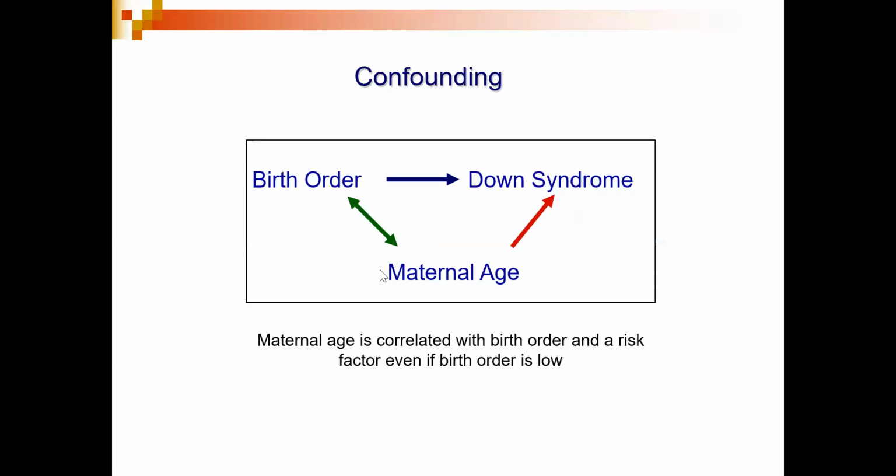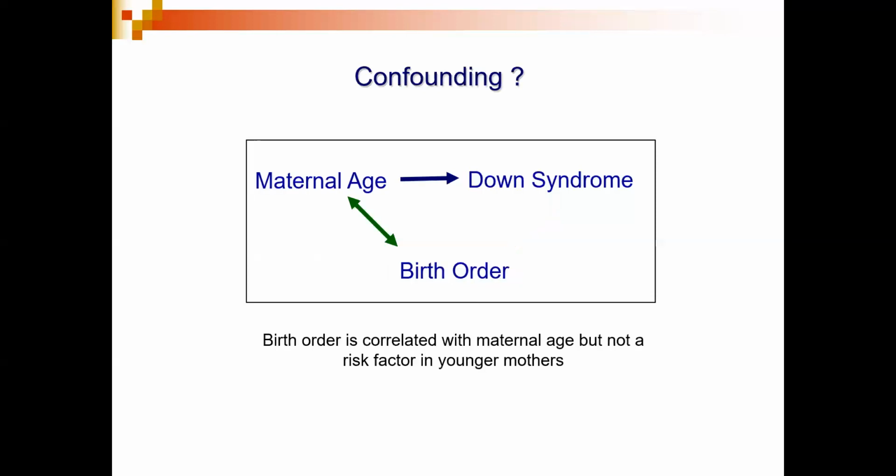If you're like a fifth born, it means the mother is older. Then maternal age is also related to Down syndrome. So maternal age in this case is correlated with birth order and is a risk factor for Down syndrome. Because of that, maternal age meets the criteria of a confounder.